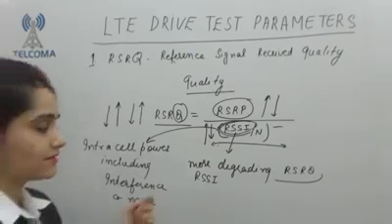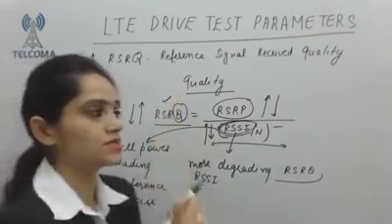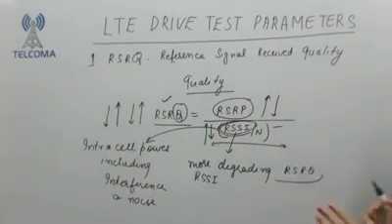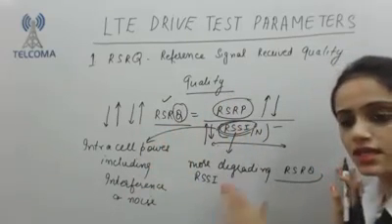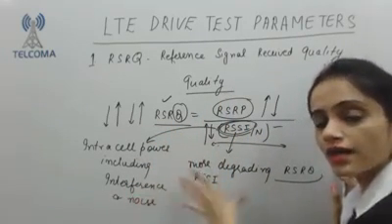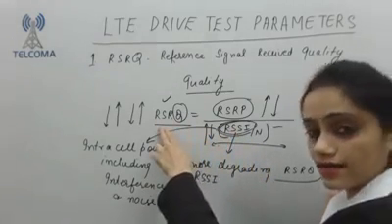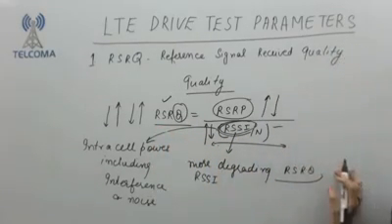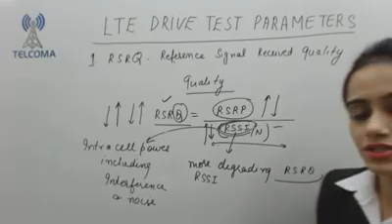If I have less interference and noise, I will have good quality. If I have more interference and noise, I will have less quality. That's why these two, RSSI and RSRQ, are in an indirect relationship. So this tells me the quality of the signal which I am receiving, including interference and noise also.